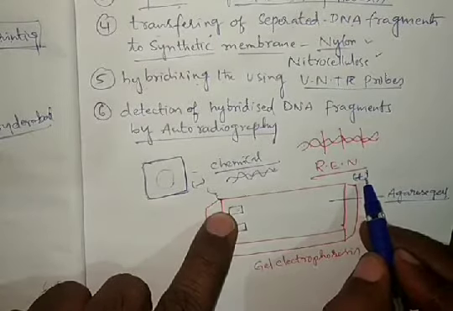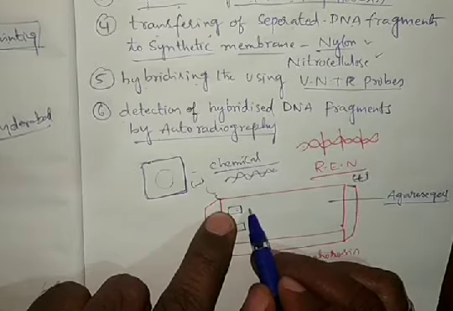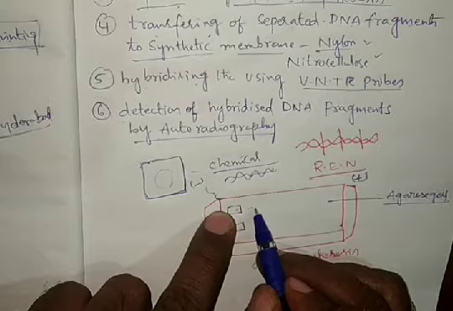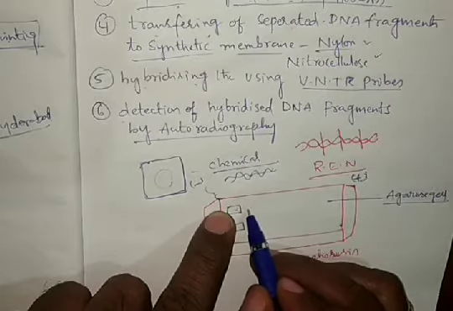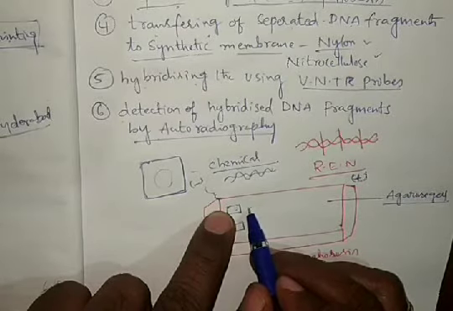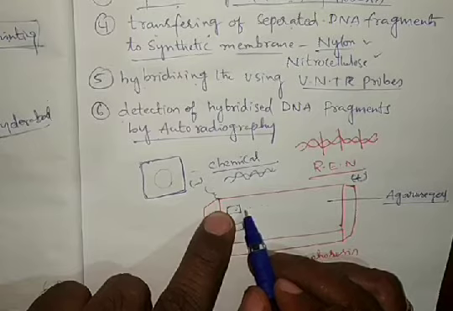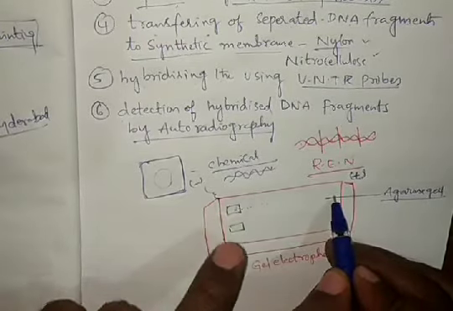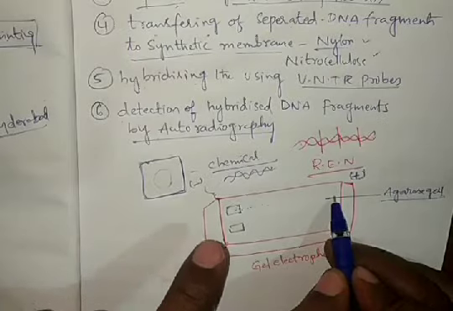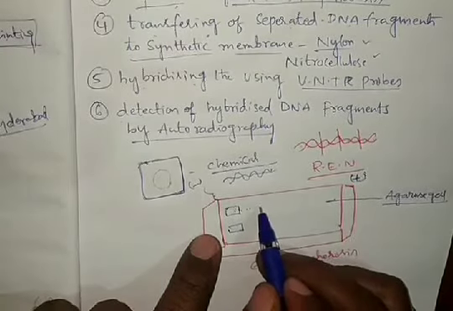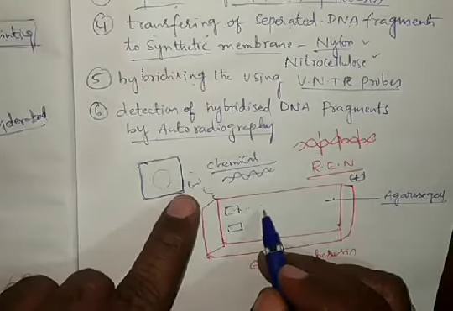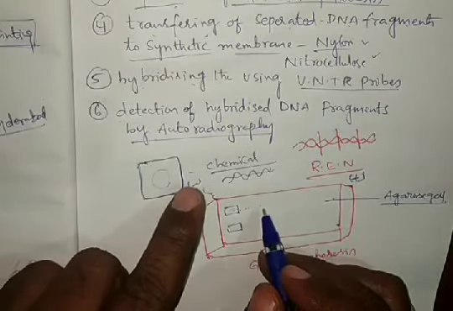Because DNA is a negatively charged material, it can move from this region to the positively charged region. The movement of the segments in the gel electrophoresis slab takes place based on their weight or their length.